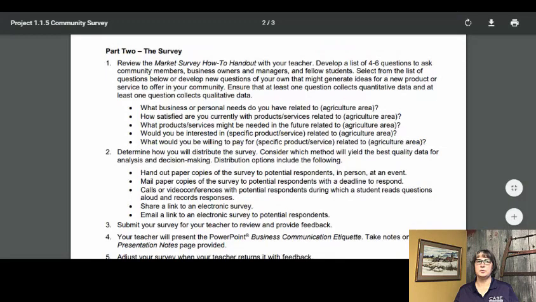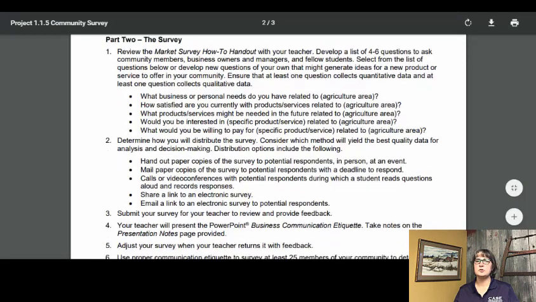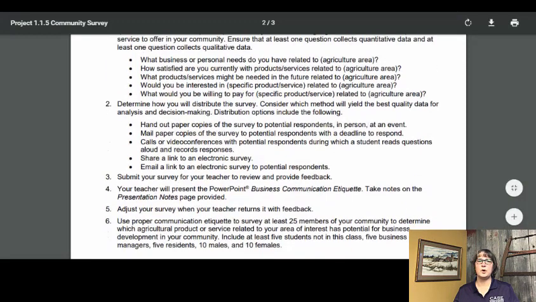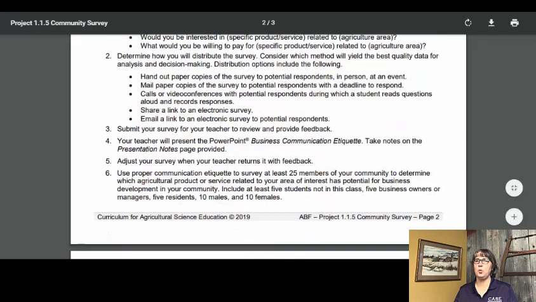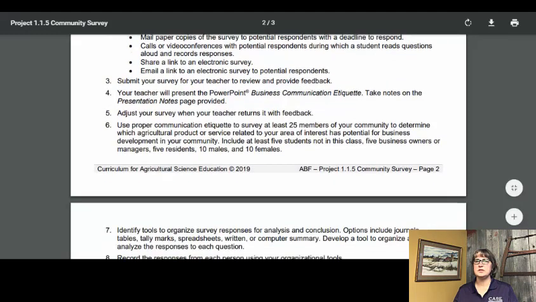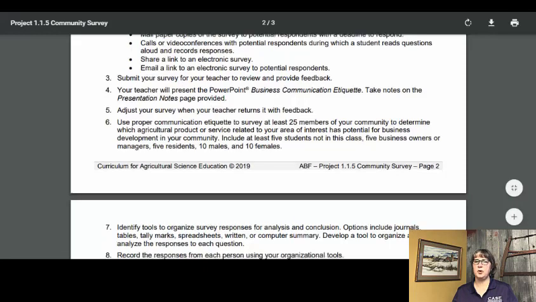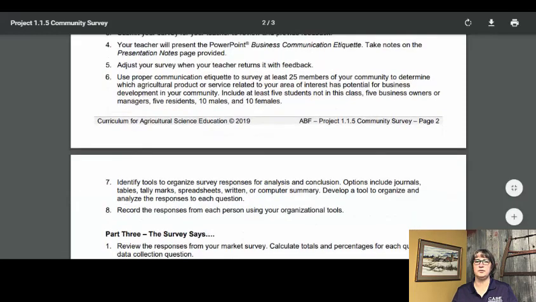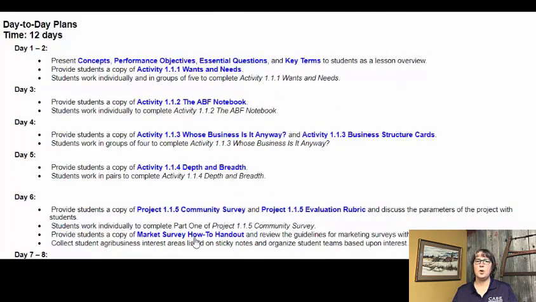In Part 2, the survey, students will develop a 4 to 6 question survey that collects both quantitative and qualitative data. In addition, students will need to decide how they will collect data: paper copies, phone calls, or an electronic survey. When writing questions, students may need assistance formulating good questions.